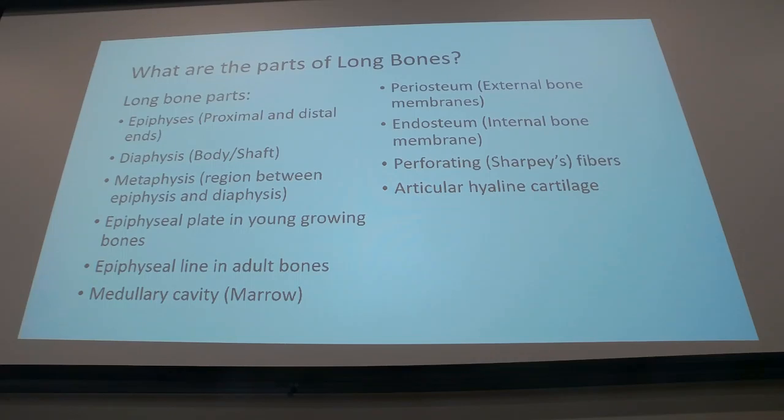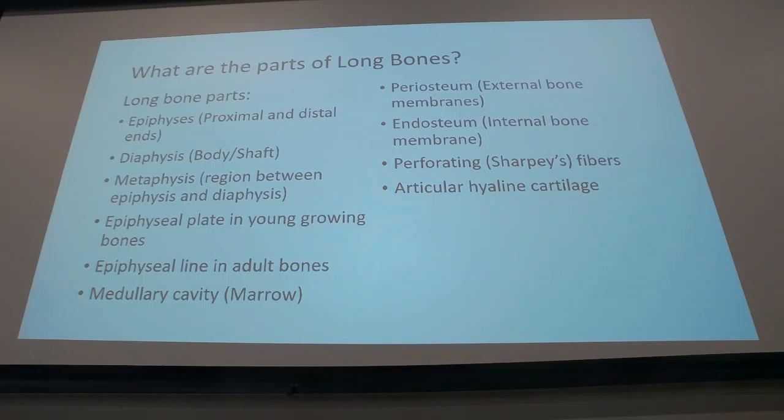The marrow is supposed to be of a certain diameter, certain width. So let's say that you have a bone that has a marrow of an inch in diameter. You're supposed to keep it that way.